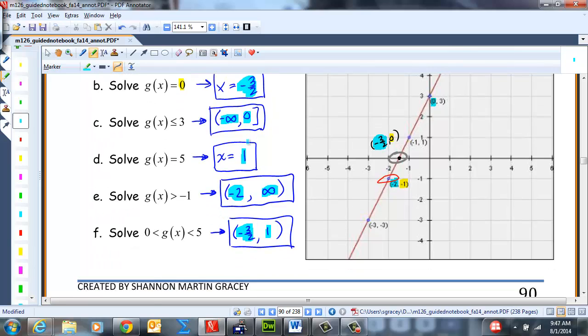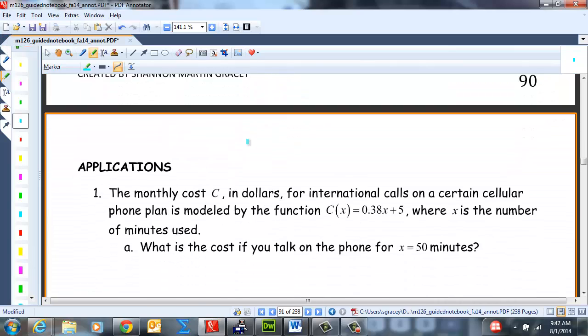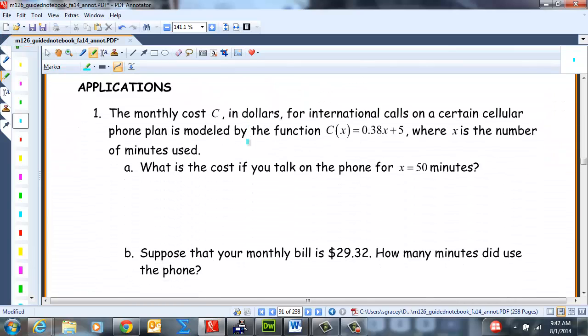Okay? Awesome. All right. Now we go to our first application. The monthly cost C in dollars for international calls on a certain cellular phone plan is modeled by the function C at x is 0.38x plus 5, where x is the number of minutes used. What is the cost if you talk on the phone for 50 minutes?